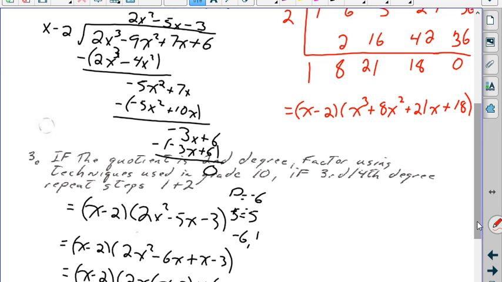Now, I'm not even going to try 3 because these are all positives. Try negative 3. Does it work? No. Okay, I'm going to jump up to 6 now. Negative 6.